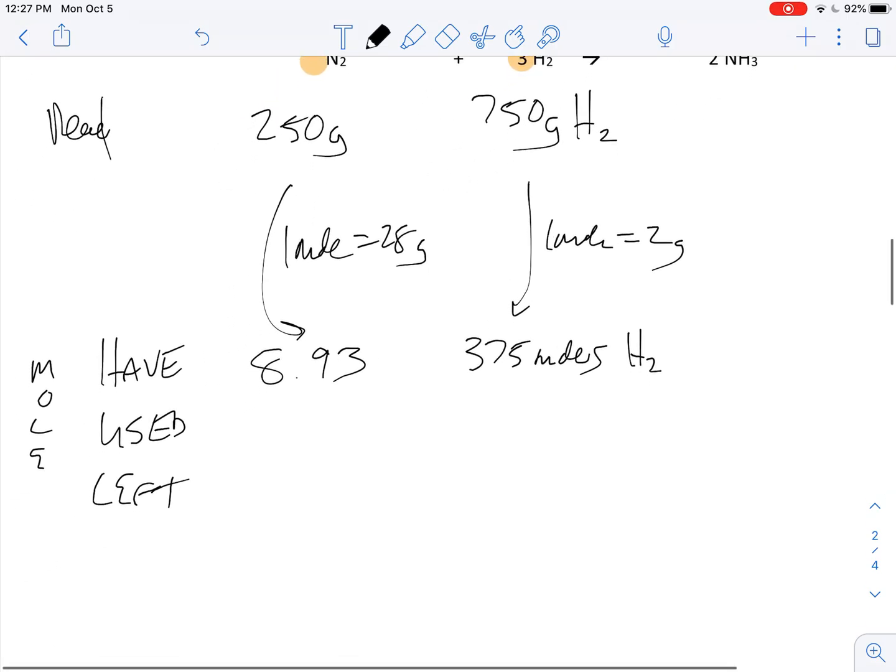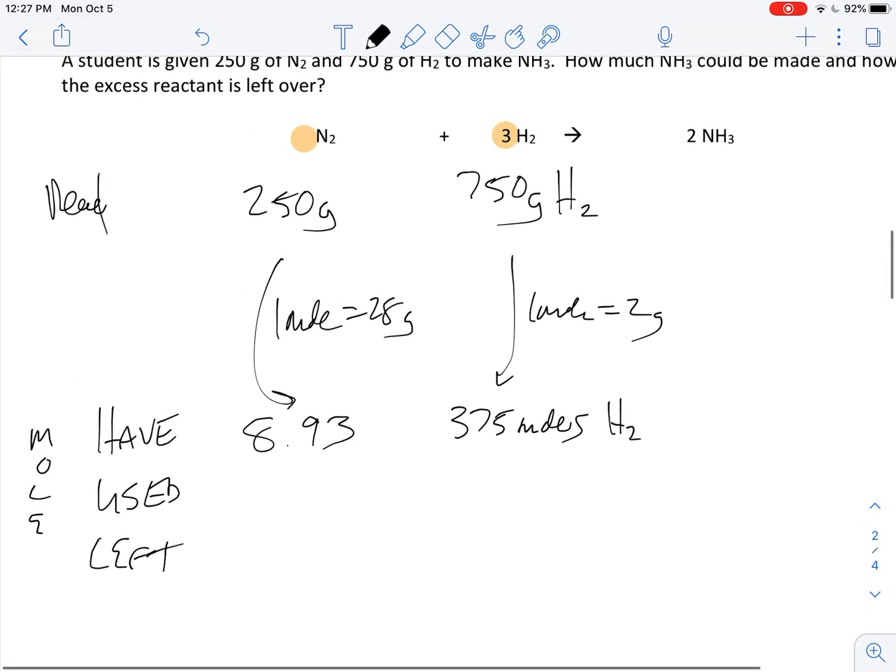All right, so I think it's pretty obvious which one is our limiting reagent. Our limiting reagent is which one we're going to run out of first, and I think it's pretty clear that I have way too much hydrogen, that this one here is going to be my LR, my limiting reagent. I'm going to run out of all of the nitrogen first. So let's see if that works. I'm going to try to use up all 8.93 moles to be left with none.